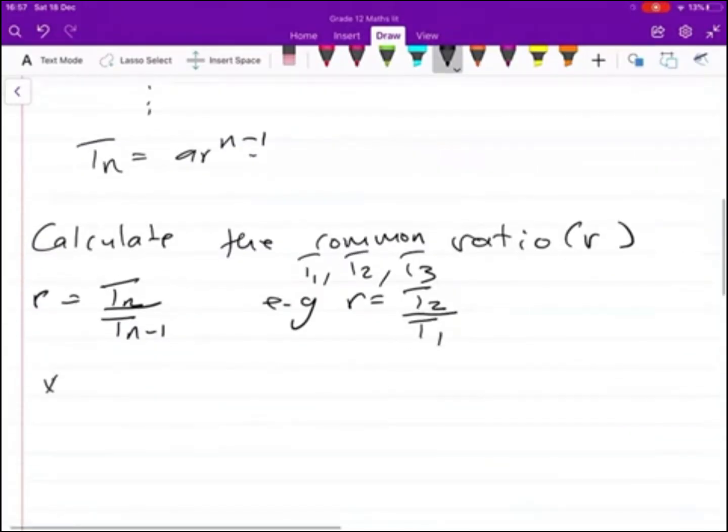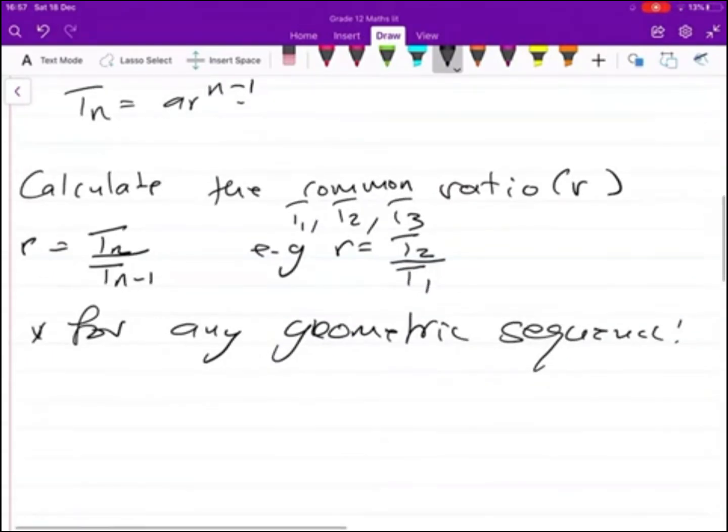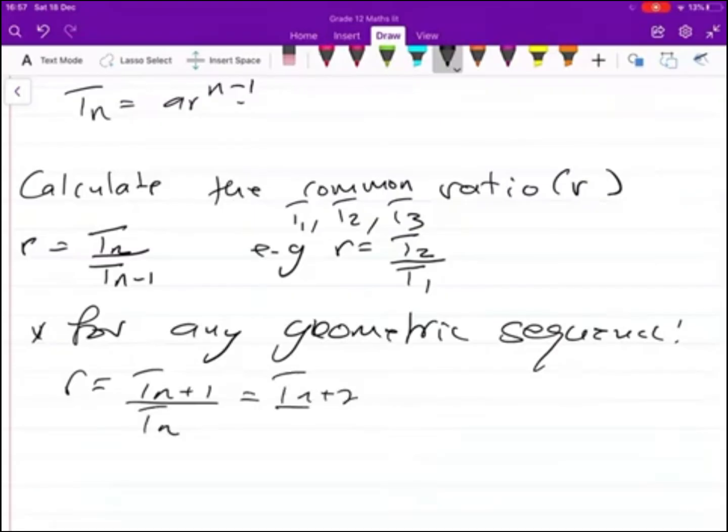It holds that for any geometric sequence, r = T(n+1) over Tn, which equals T(n+2) over T(n+1).